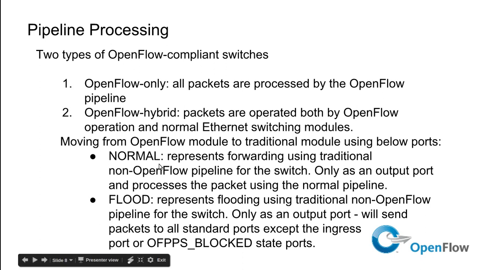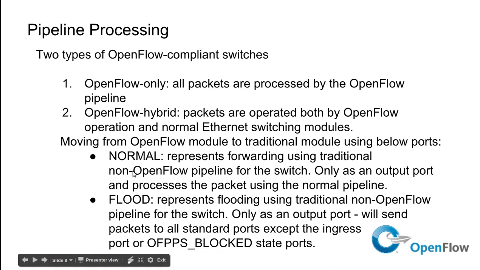So in the hybrid model, if we want to move from the OpenFlow module to the traditional module, we have to use two reserved ports, which are the normal port and the flood port.